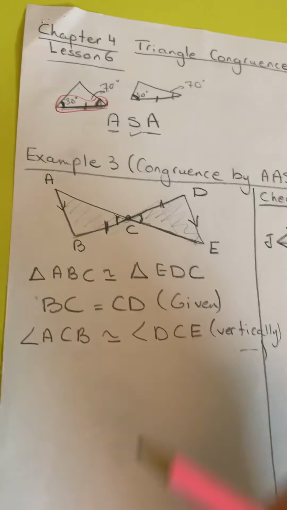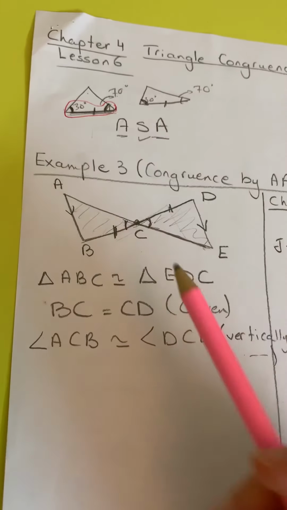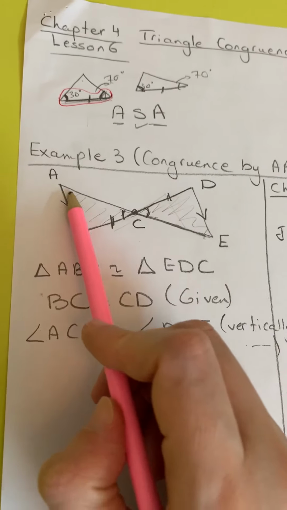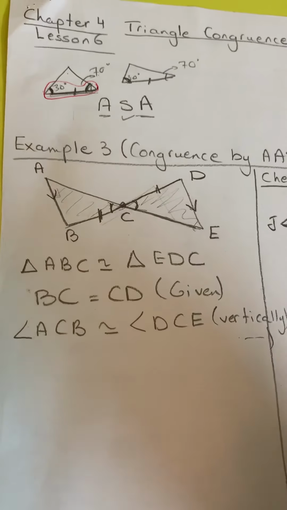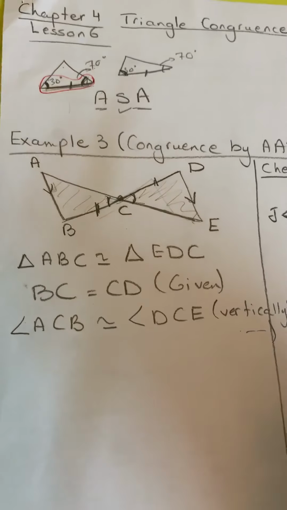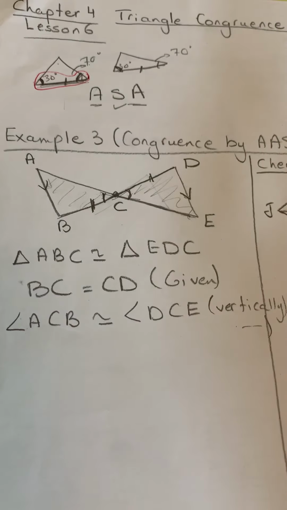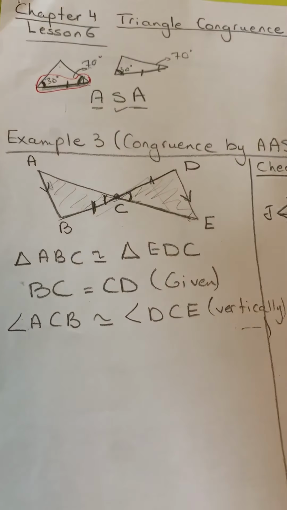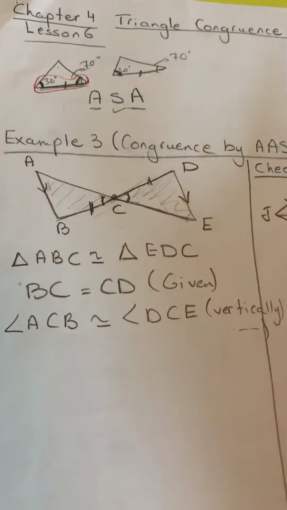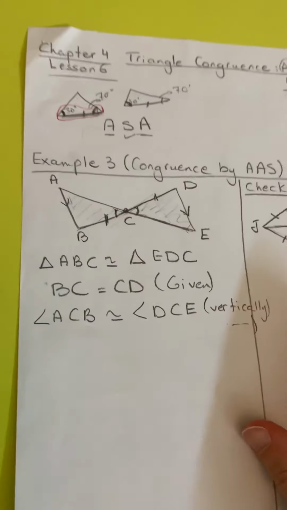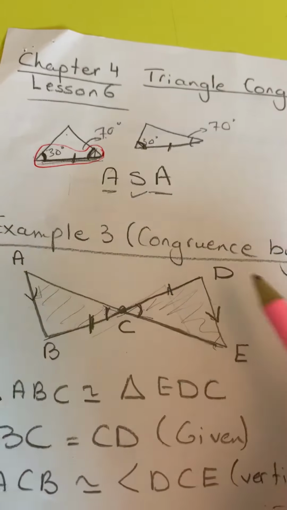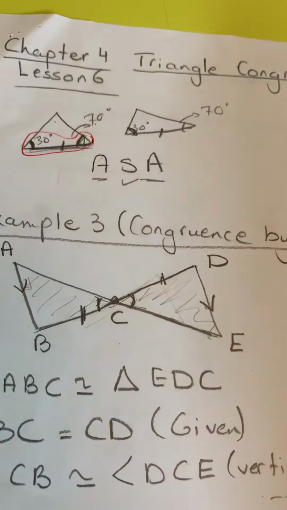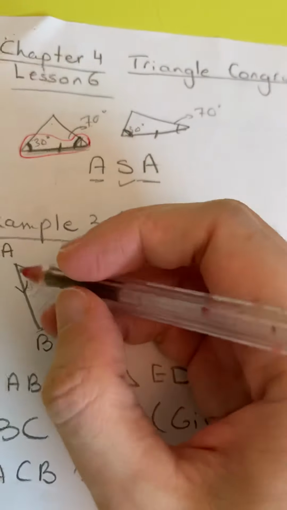Now, we still need a third feature. You can see that these two lines are parallel. Whenever you have two parallel lines, you should always think about alternate interior angles, alternate exterior angles, corresponding angles, and so on. Since these two lines are parallel, I have the alternate interior angles congruent.